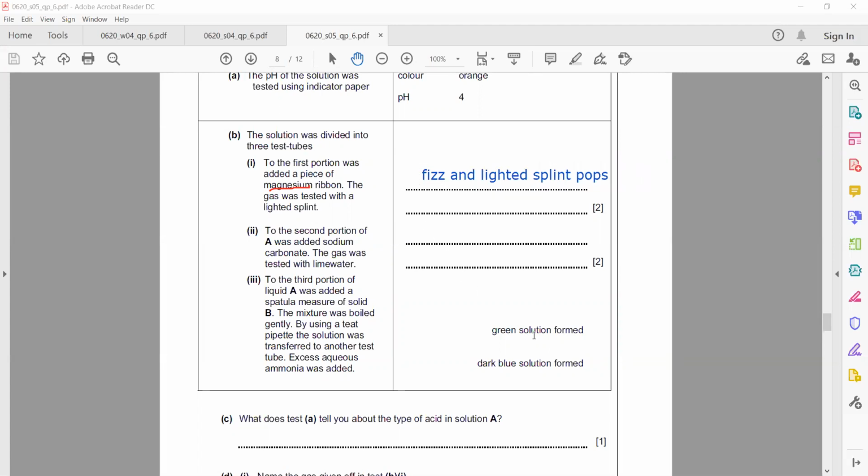To the second, added sodium carbonate. So when carbonate is added to acid and the gas was tested with the lime water, again it will give fizz, bubbles, effervescence, and the lime water will turn milky.